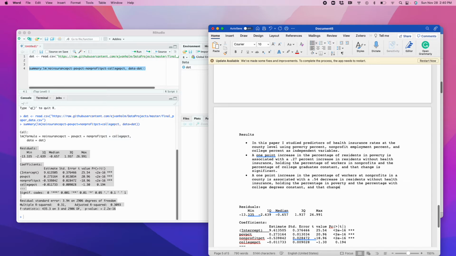And that change is significant. We're doing this really formulaic interpretation because it's to make it as straightforward as possible.